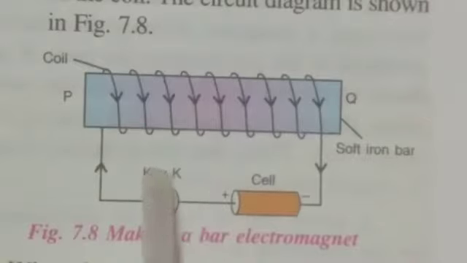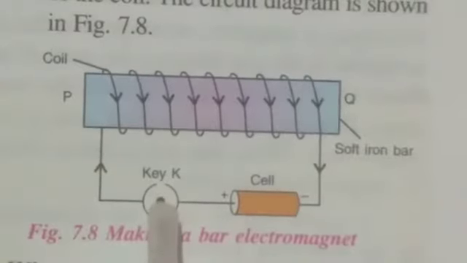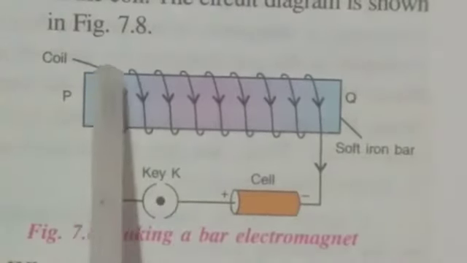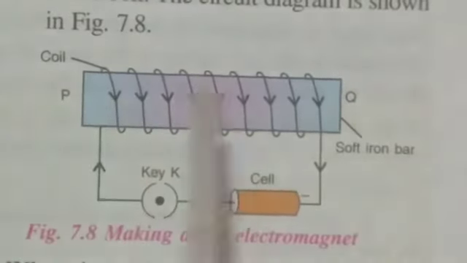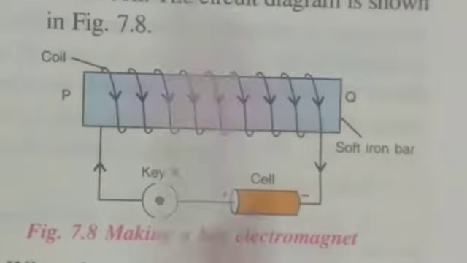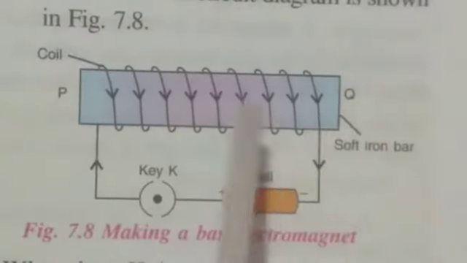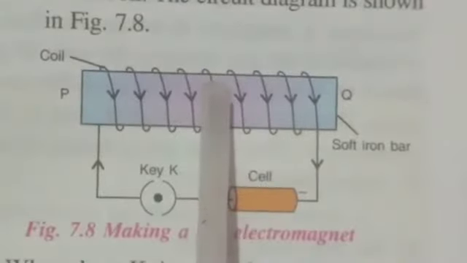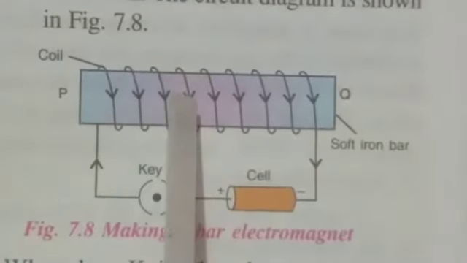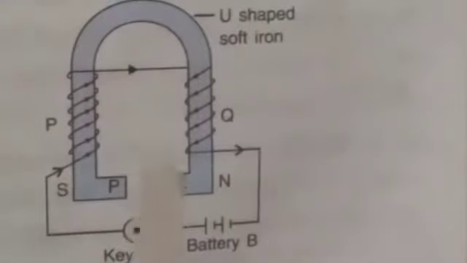In between, a key is also connected. As long as the electricity flows through the copper wire, this soft iron bar behaves as a magnet. This way, we make a bar electromagnet.